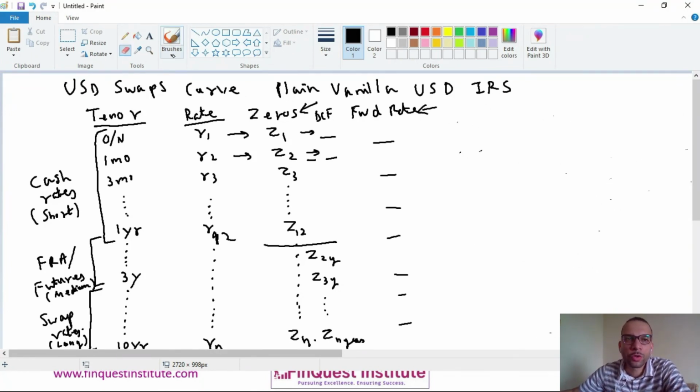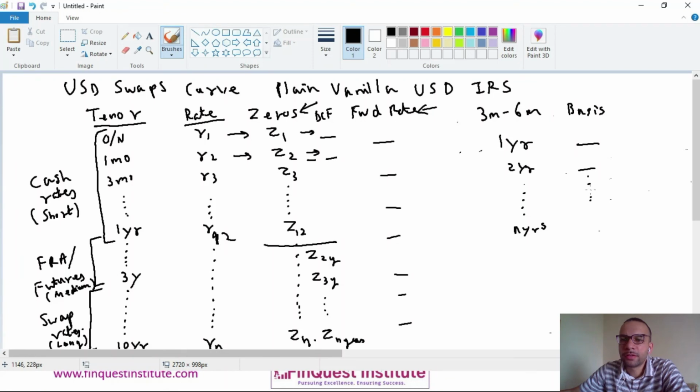The market quotes what we call a basis curve whenever you require this kind of adjustment, and we call that a 3M, 6M basis. It could start at the 1 year point, say 1 year, 2 years, and we adjust the swap pricing using this curve.